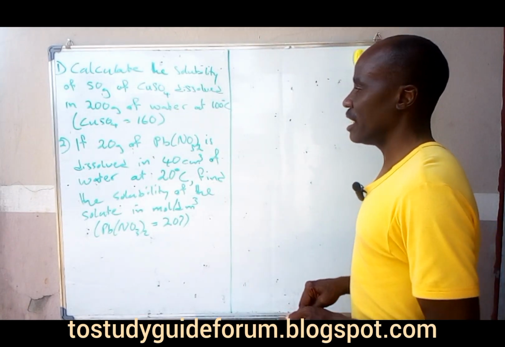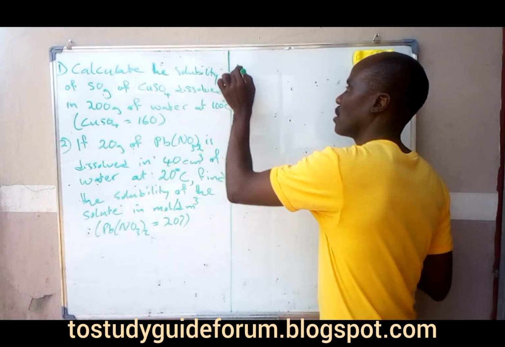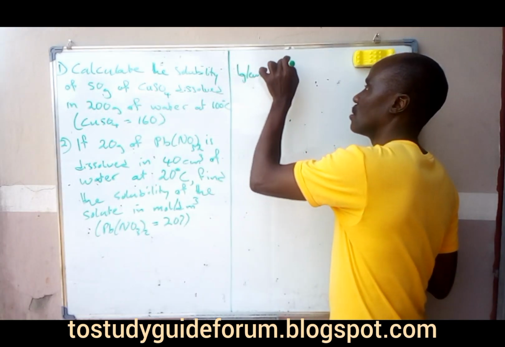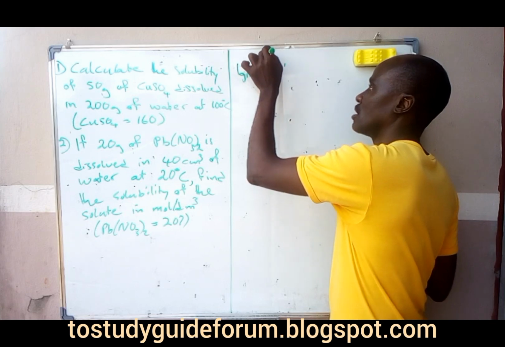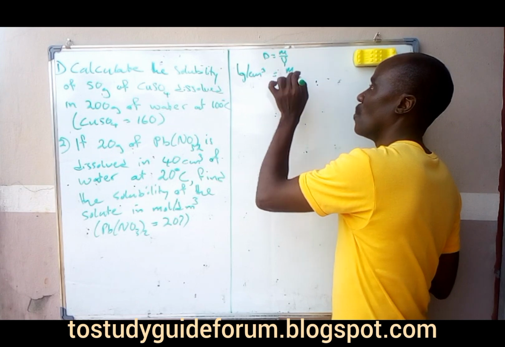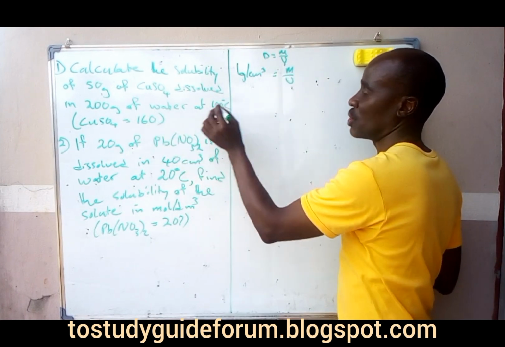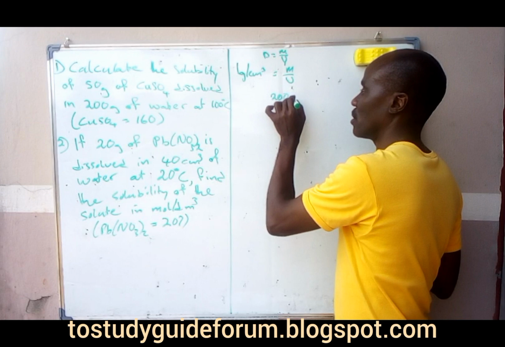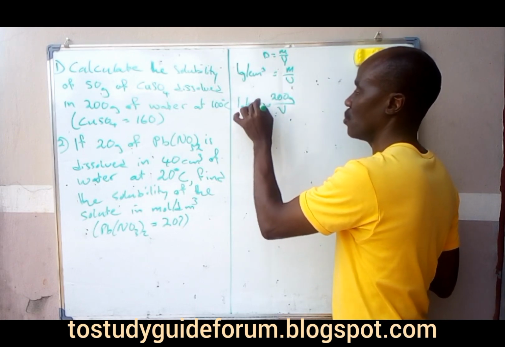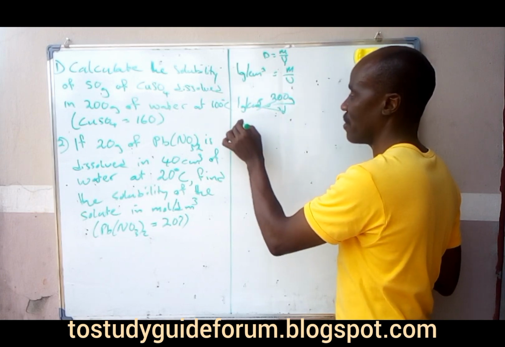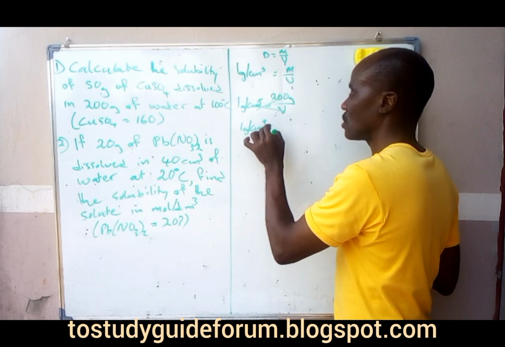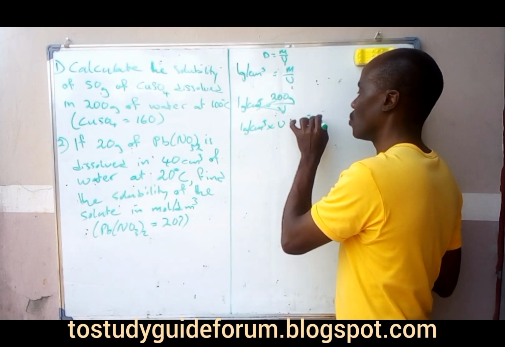Remember, the density of water is 1 gram per cm cube, and density is always mass over volume. Our mass here is 200 grams, over a volume we don't know, equal to 1 gram per cm cube. If we cross multiply, 1 gram per cm cube times volume gives us 200.